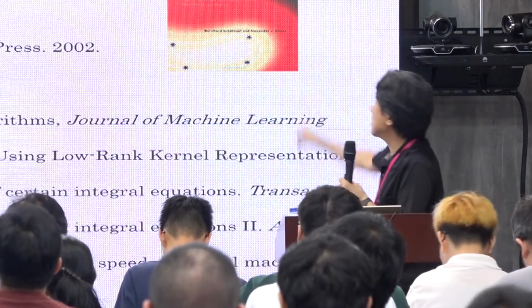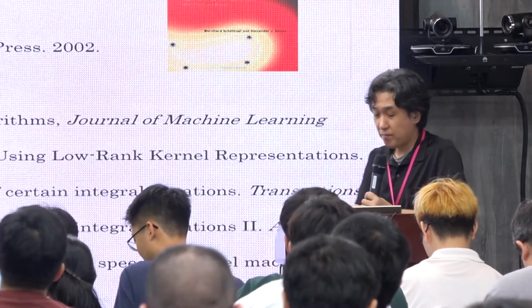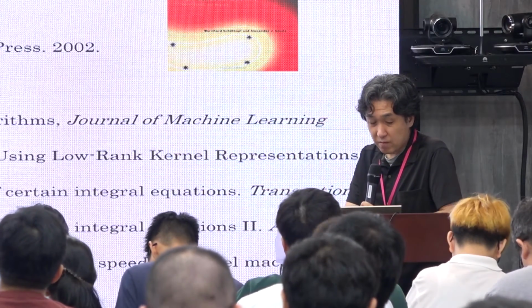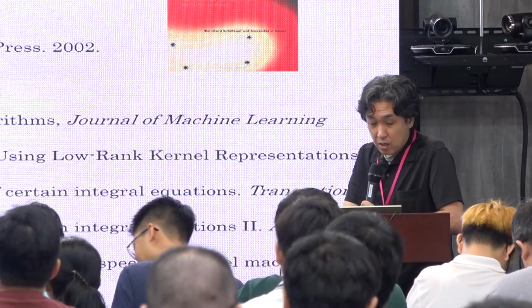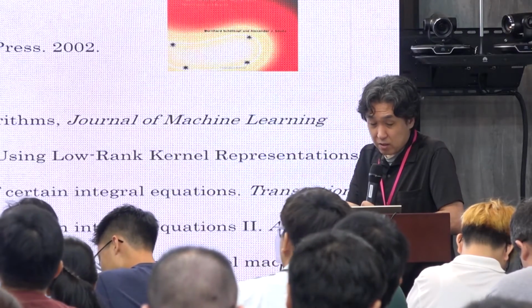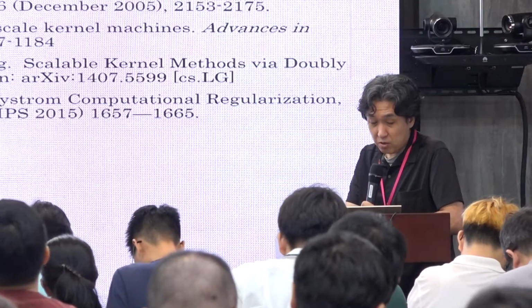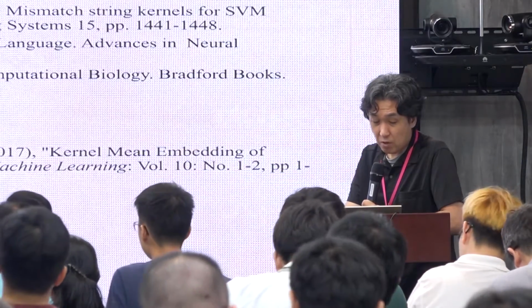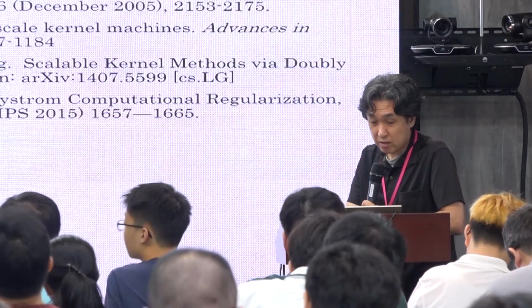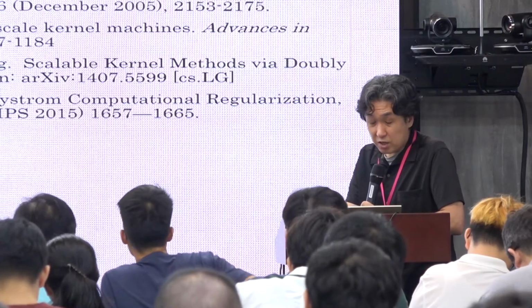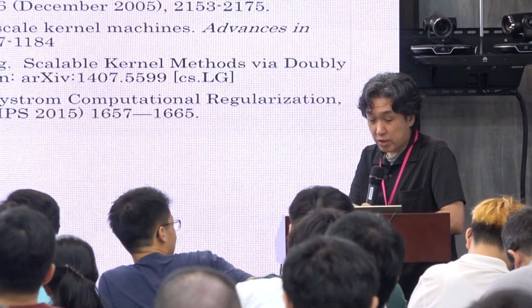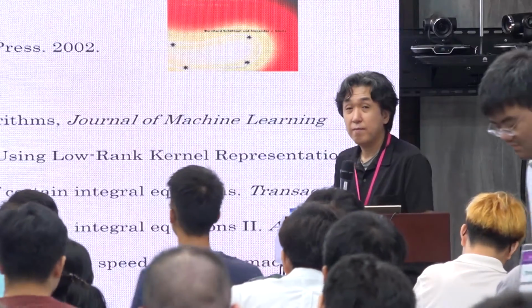If you are interested, you can look at this one. And I provide some references about some topics, not all, but some topics. So you can look at these papers if you are interested in more. Okay, this is the end.